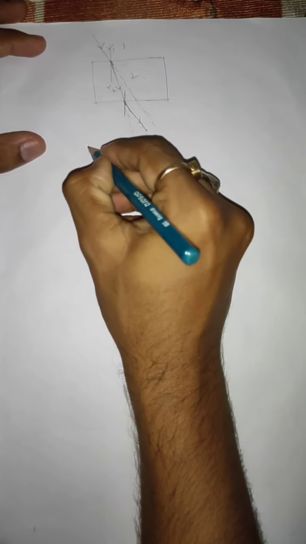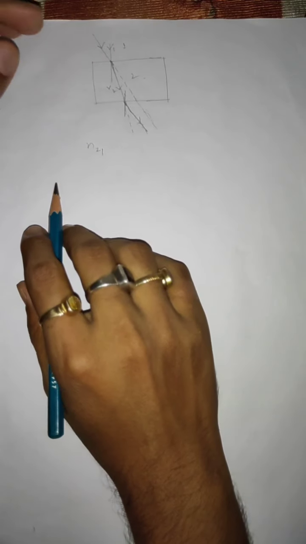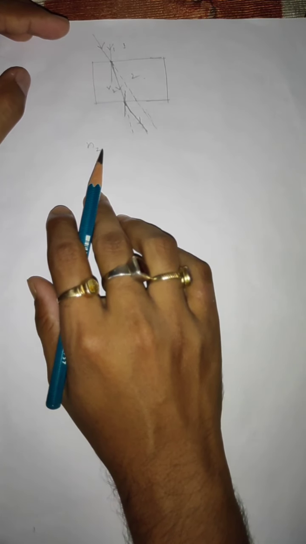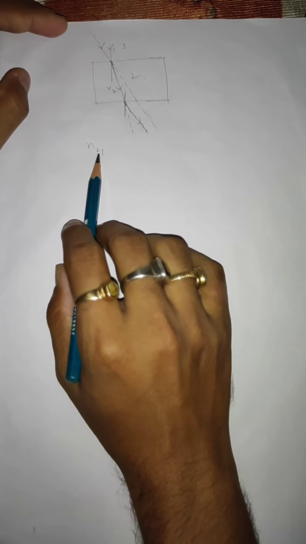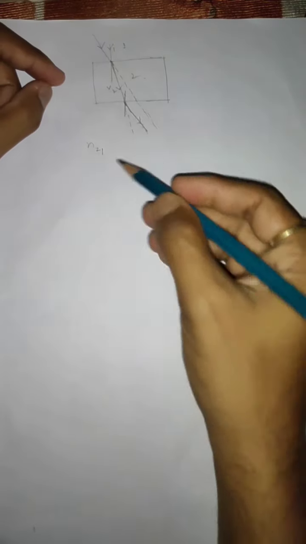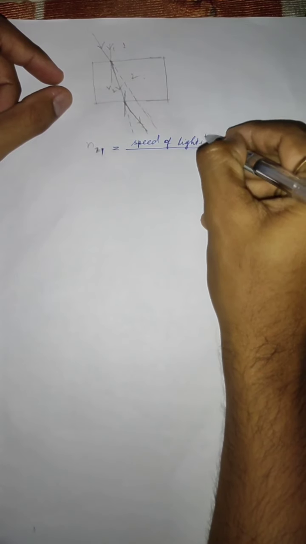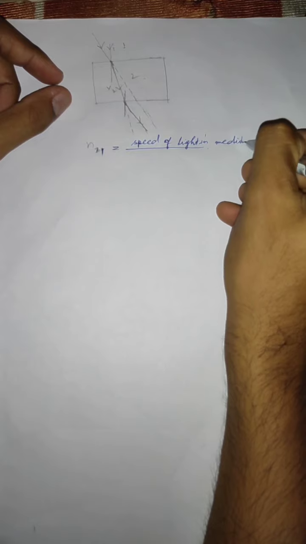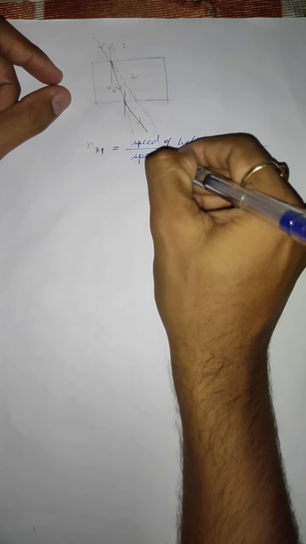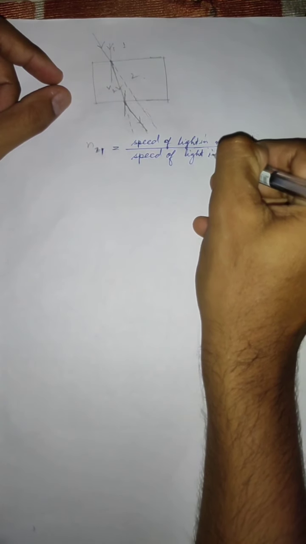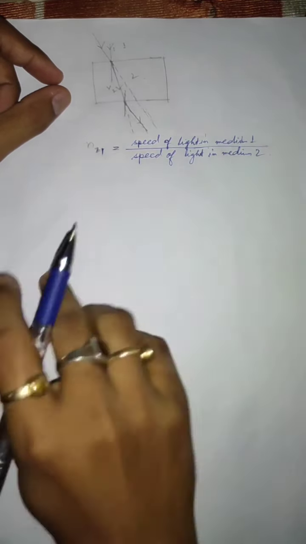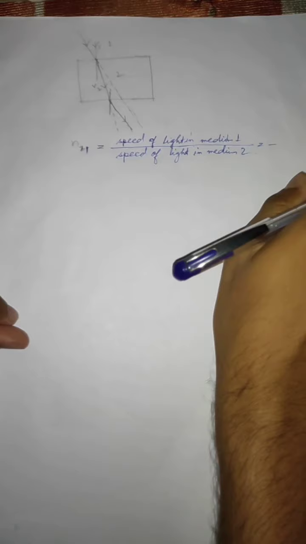Then we can say that n21, that means the refractive index of medium 2 with respect to 1, is equal to the speed of light in medium 1 divided by the speed of light in medium 2. So this is v1 by v2.